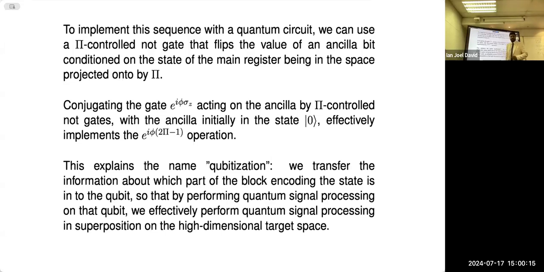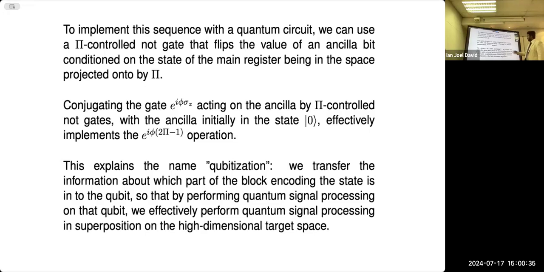It's sort of sandwiching. That's what I mean by conjugating. However, in this case it's Hermitian, so you can sandwich by the same thing. But usually, if it's not Hermitian, it will be something times this Z rotation times something's complex conjugate transpose. That's what conjugating means. Okay.